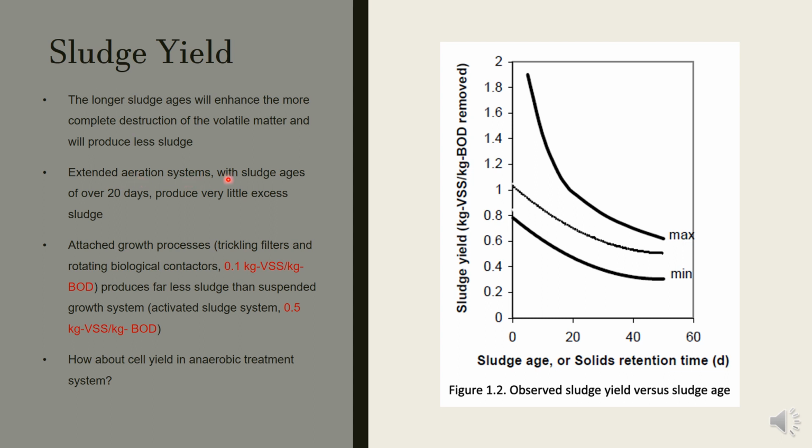Extended aeration systems with sludge ages over 20 days produce very little excess sludge because they have very long sludge ages.